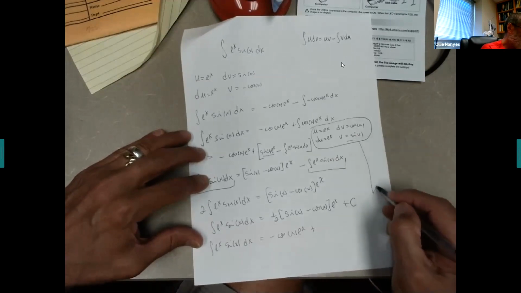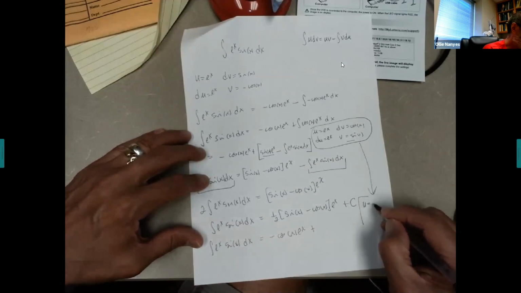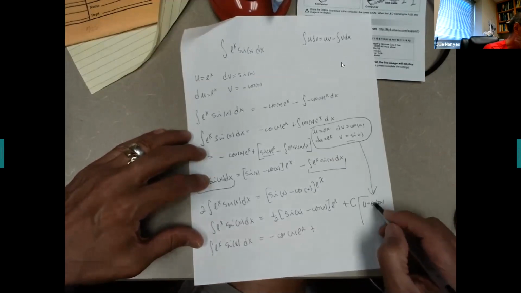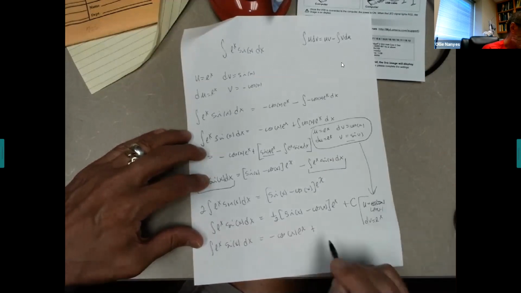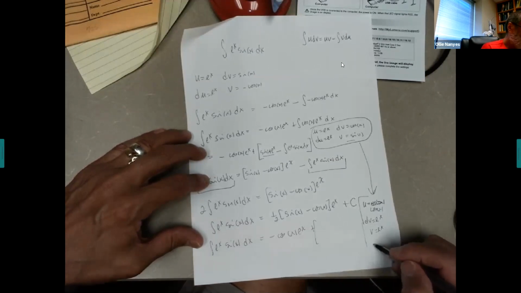Suppose I decided to let u equal cosine x, dv is e^x dx. Then I get uv, and our du is minus sine of x.